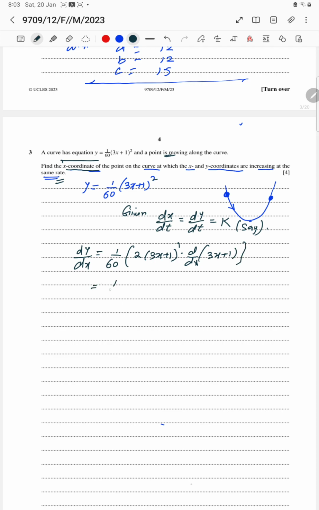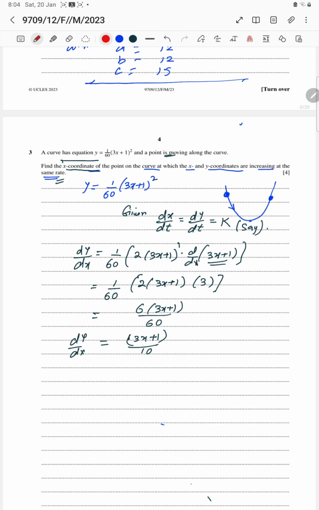So it becomes 1 by 60 times 2 times (3x plus 1), and the derivative of this is 3 plus 0, that is 3. So 6 times (3x plus 1) over 60. We can further simplify it: (3x plus 1) over 10 is dy by dx.